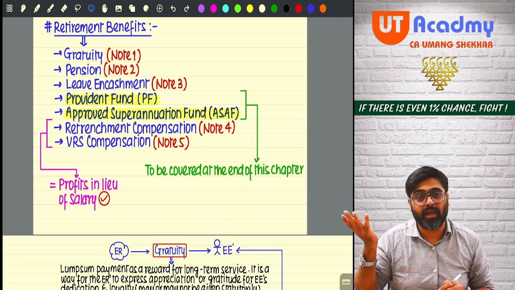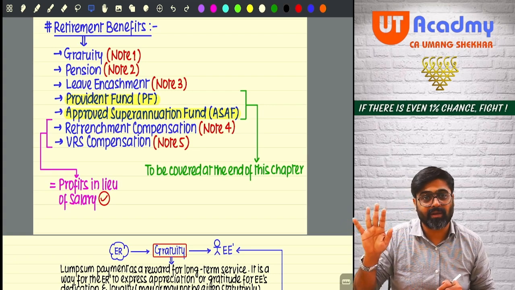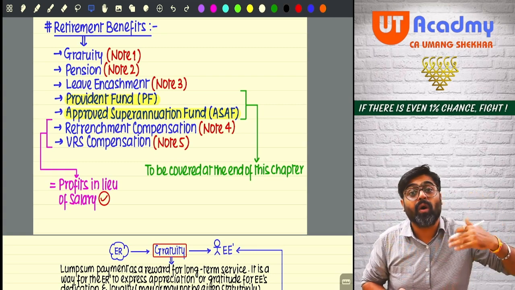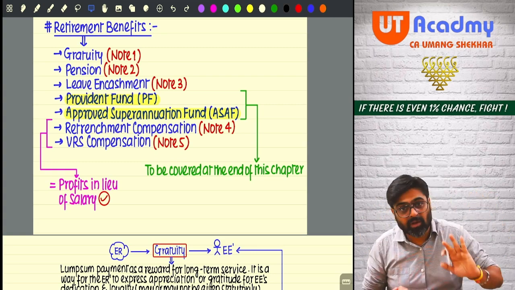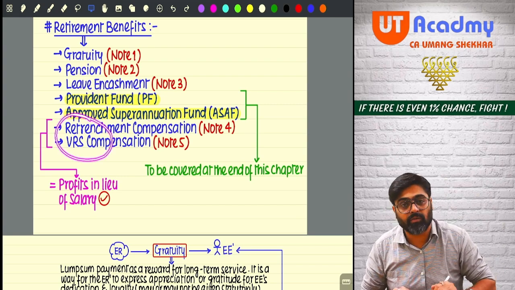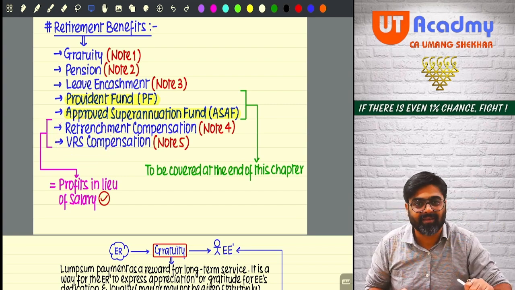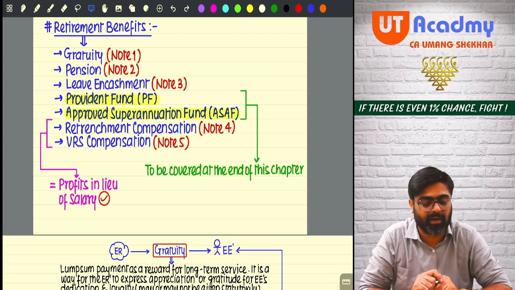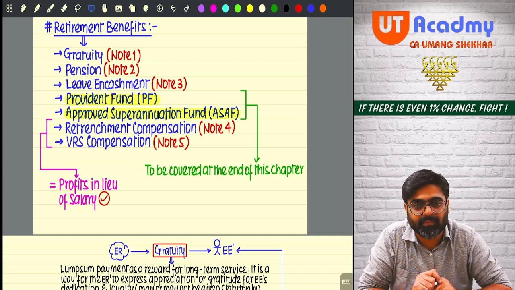Though it is not your normal retirement, since you are leaving your job or you have to leave the job, as a result of that only these two amounts are received, which are known as profits in lieu of salary. We are going to cover these two figures also along with retirement benefits. Getting my point?